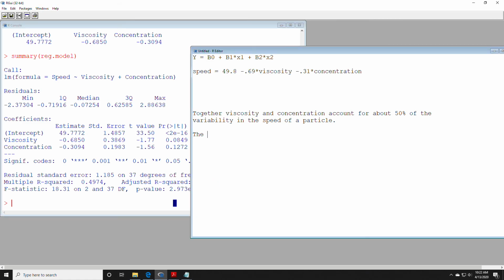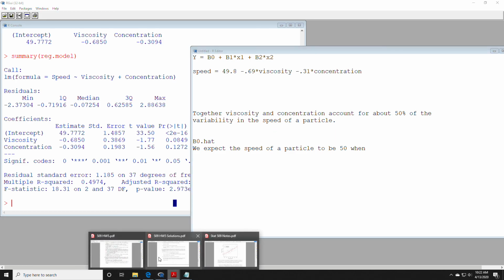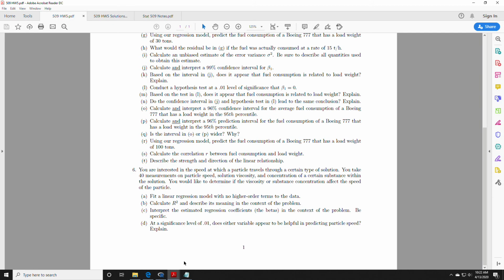So let's interpret beta naught hat. We expect the speed of a particle to be about 50, 49.77, to be 50. I don't think I included units. Let me just double check here. Okay, yeah, there's no units.